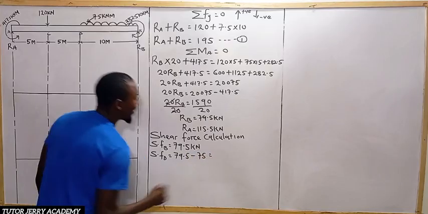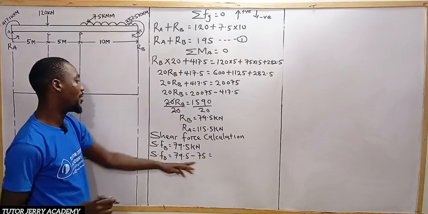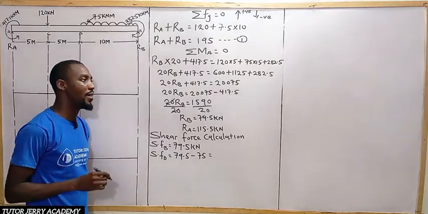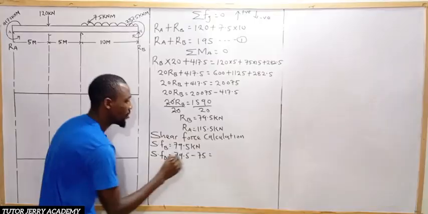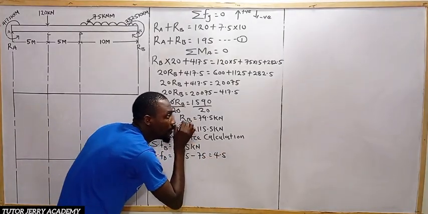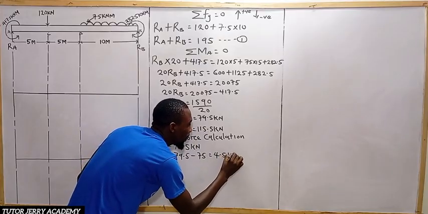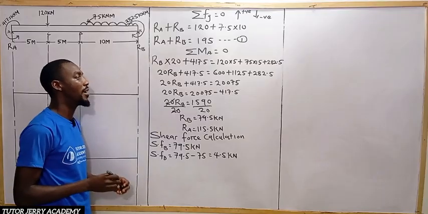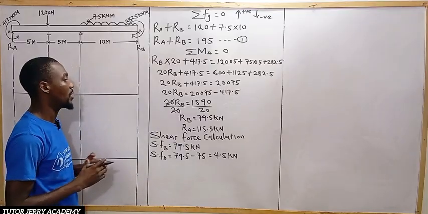So by the time you subtract 75 from 79.5, you are going to have nothing but what? 4.5 kilonewton. All right, so that's what we are going to have.